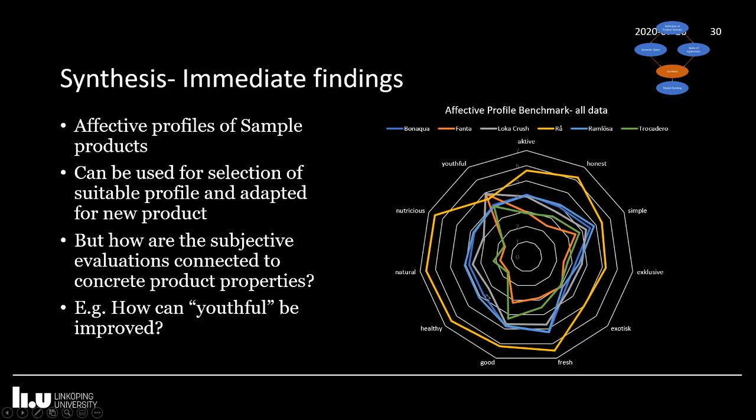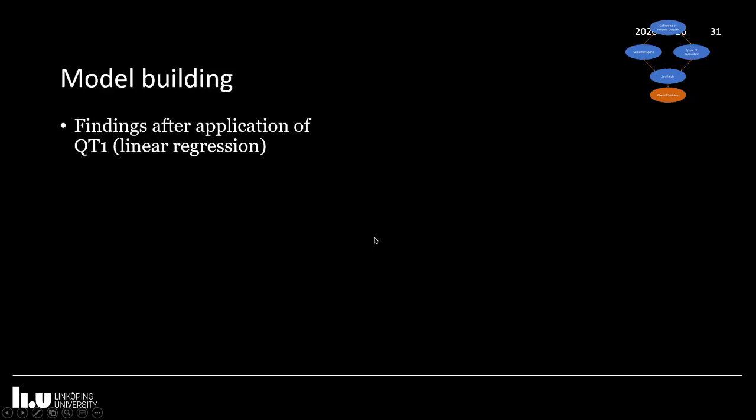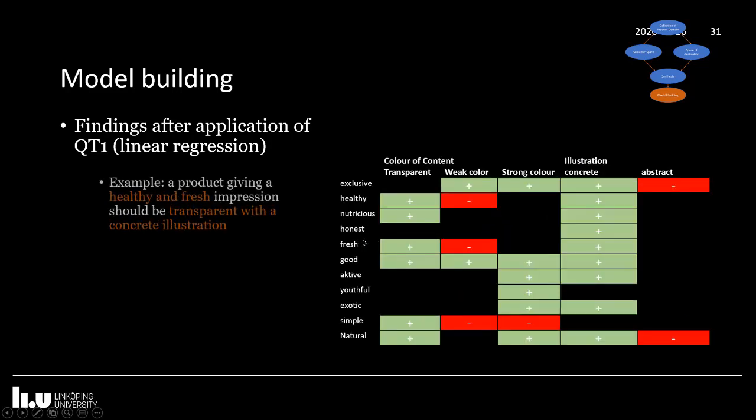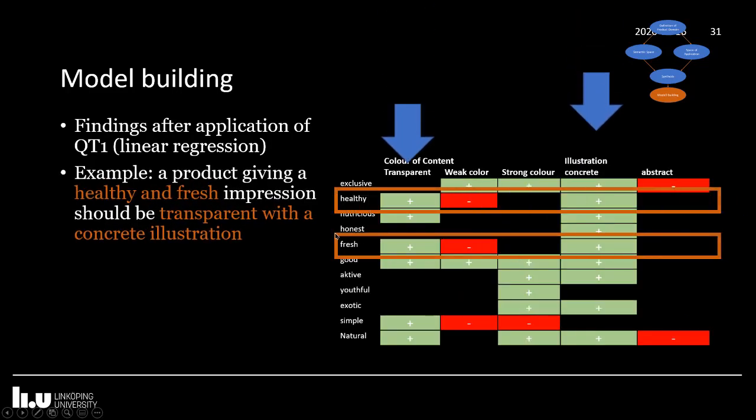I want to increase that. How can we do this? And then we could go to this type of model building. We get the result and we say healthy and fresh. These are made up by a transparent color and a concrete illustration. You see, plus positive towards fresh, minus negative towards fresh.